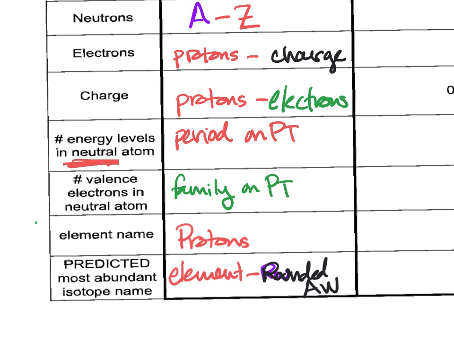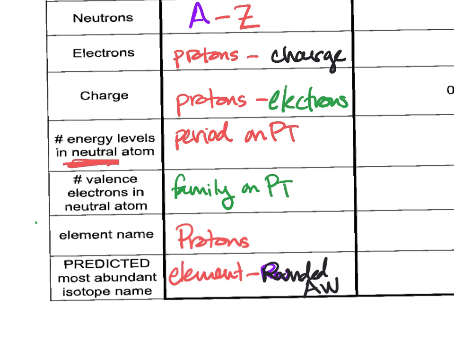Does that always give you the correct most abundant isotope? No. And why not? Because you could have like carbon 7 and carbon 17, and that would average 12, but 12 might not necessarily be the most abundant. Germanium has a bunch of isotopes around 72, and then 74. It rounds up just a little bit to 73, but it's like 90% 72.